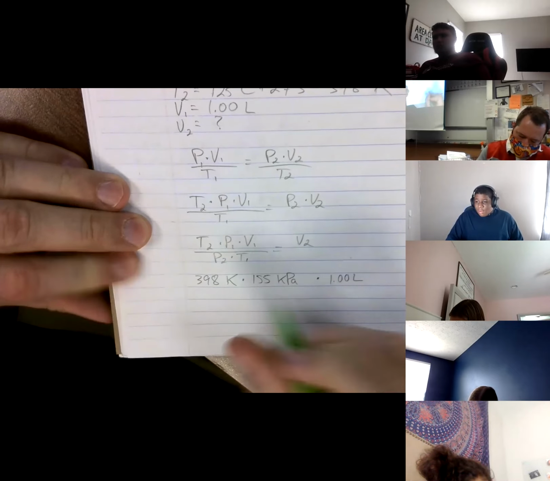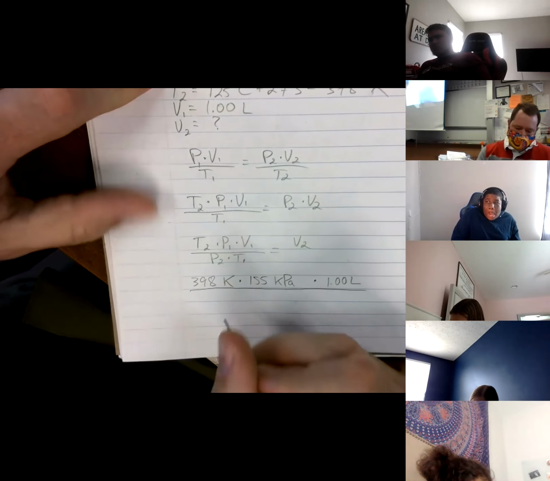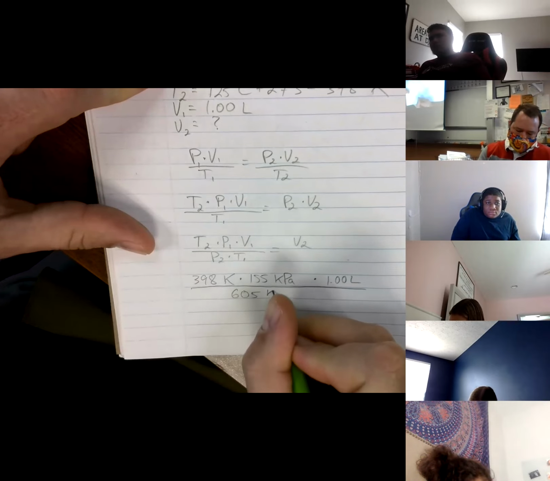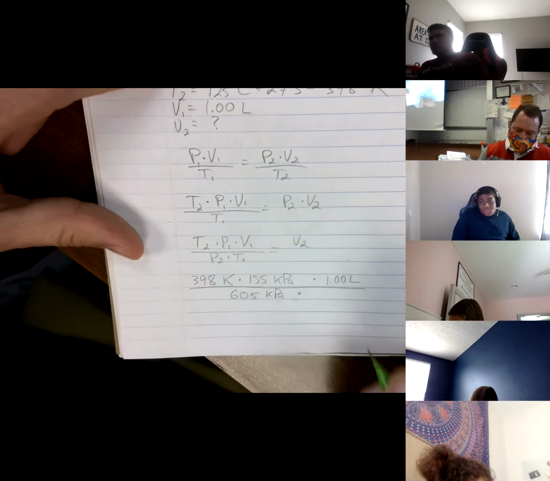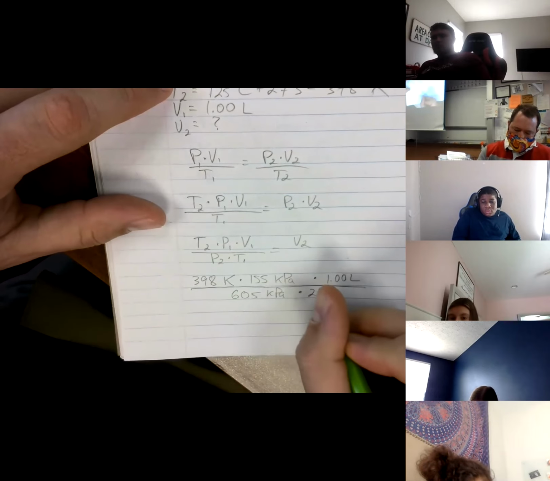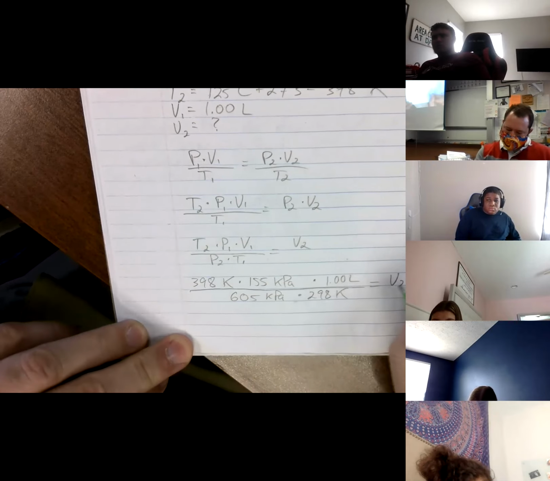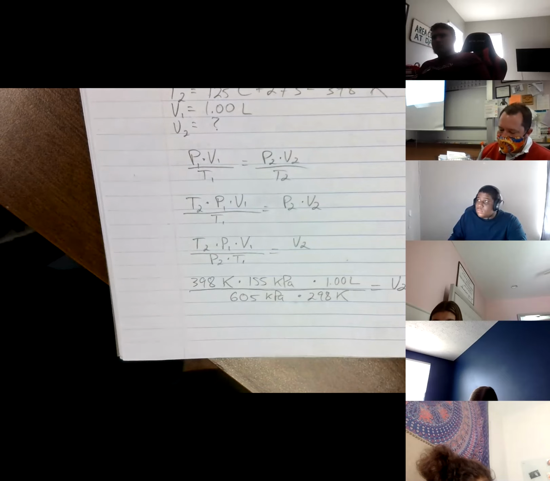All of that is divided by P2. Let's see, that was 605 kilopascals times T1, 298 Kelvin. Cool. Now we are ready to solve.